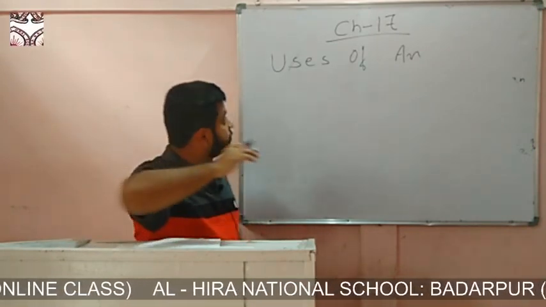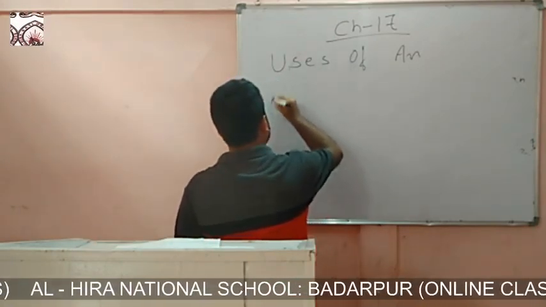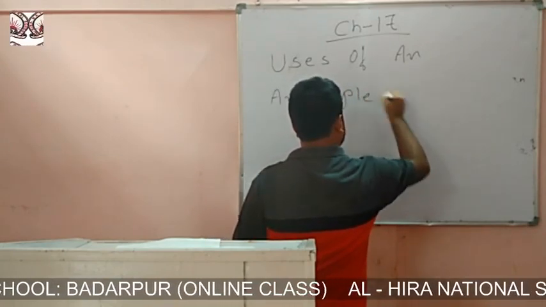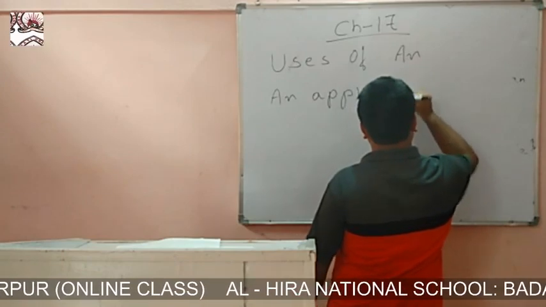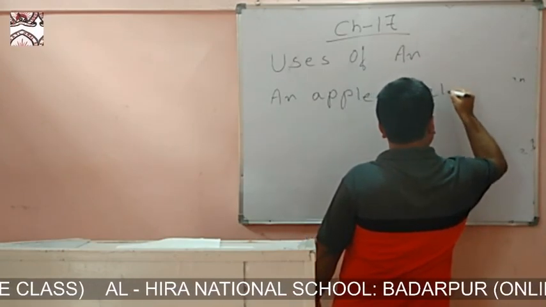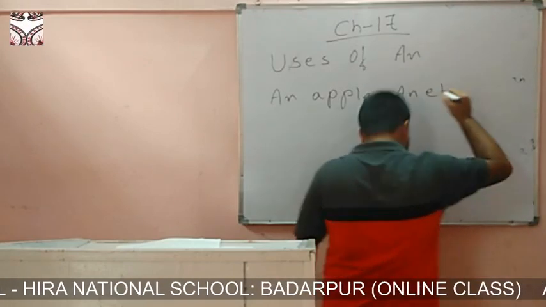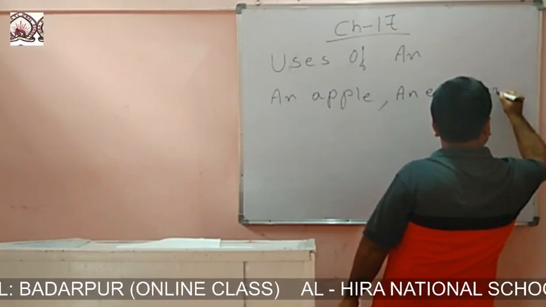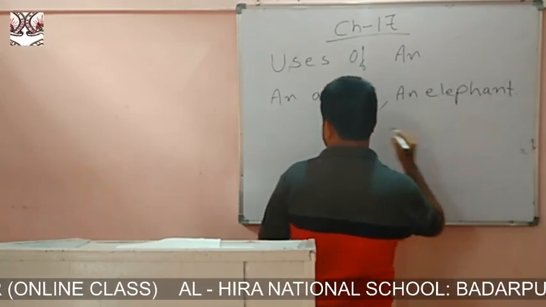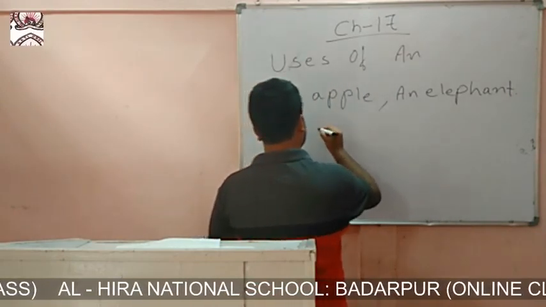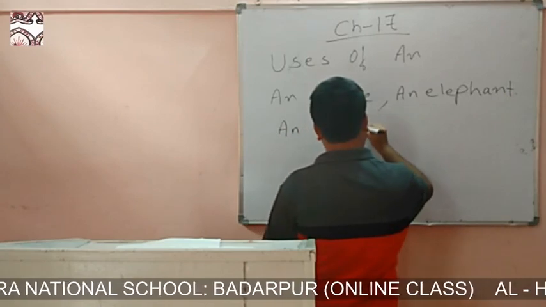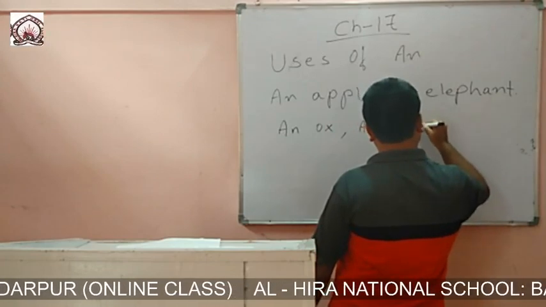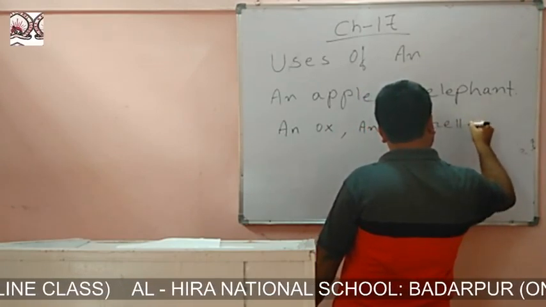For example, an apple, an elephant, an ox, an umbrella.